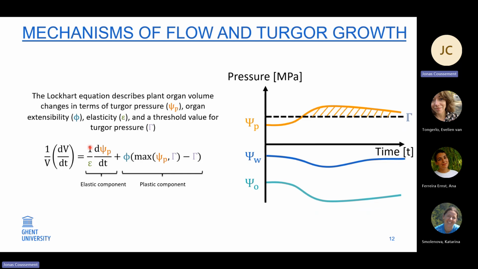It basically says that a change in plant cell volume has an elastic component that is based on the changes in turgor pressure, and it has a plastic component, which is our actual growth, that is based on the turgor pressure as well, but on the turgor pressure exceeding this threshold value. And this is the line that is also shown here. So that's generally the concept of turgor-driven growth.